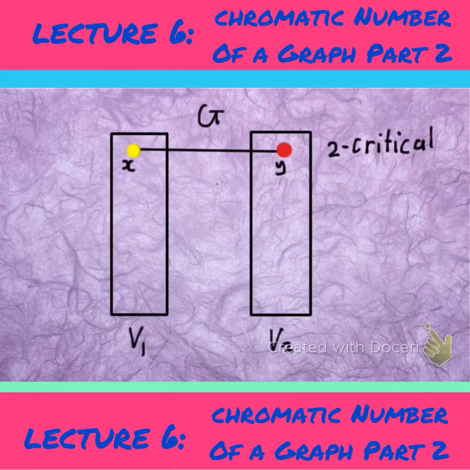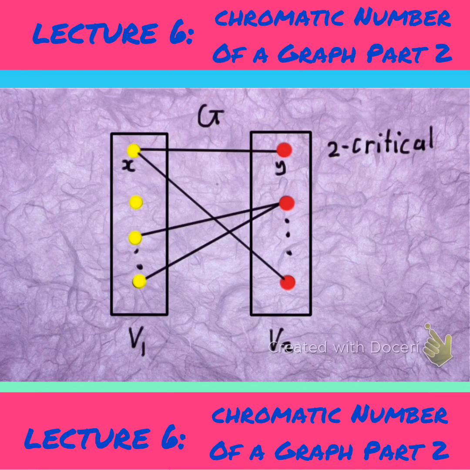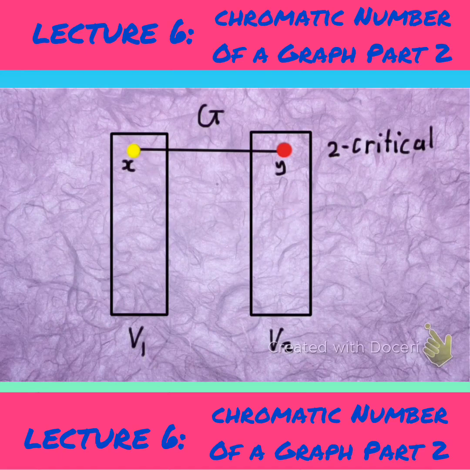So that part cannot exist, and that part cannot exist, since otherwise the graph will not be 2-critical. So again, if you look at G now, G is a K2 and it's 2-colorable.